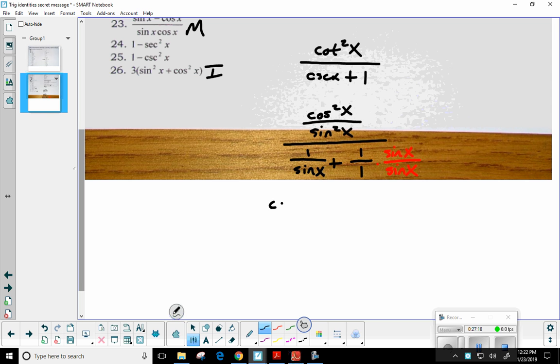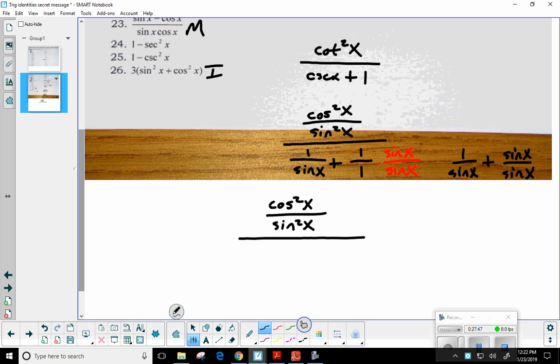So I've got cosine squared of x over sine squared of x divided by 1 over sine of x plus sine of x over sine of x. So what's it going to be if I combine those two? There you go. And the order doesn't matter.